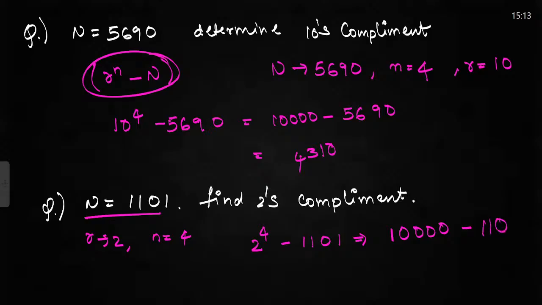I will subtract the two binary numbers, then that will give me 00011, so that is equal to 3. So this is my 2's complement for the given number.